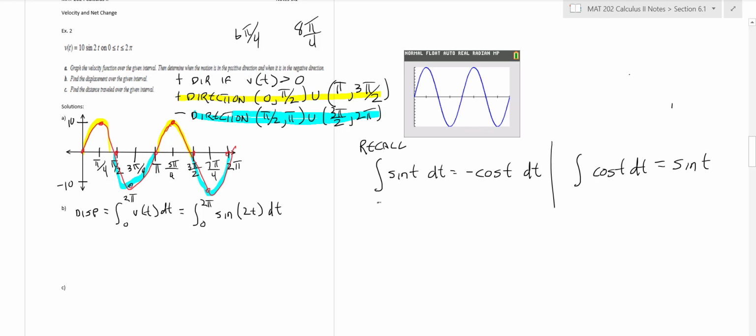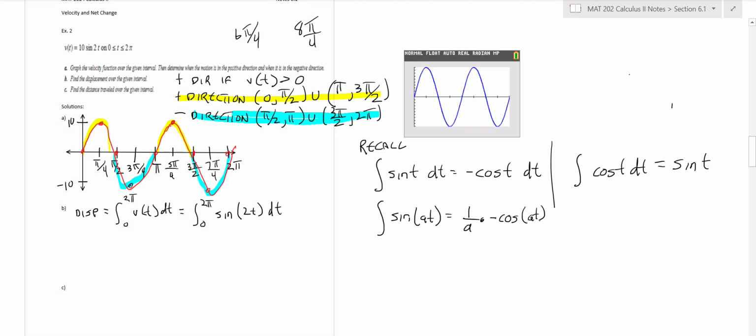Okay, well, you can take a shortcut. You don't have to do u substitution to do this. So I think it's real helpful if you learn, there's a general formula for if you do sine of at, where a is a constant, well, then that just ends up being 1 over a, and it's still negative cosine of at, okay?